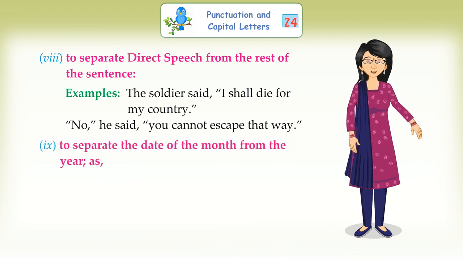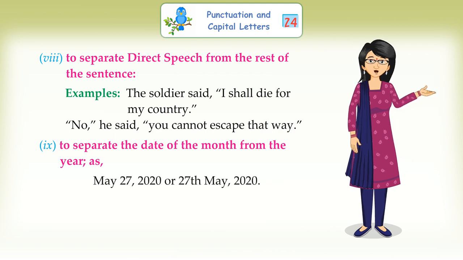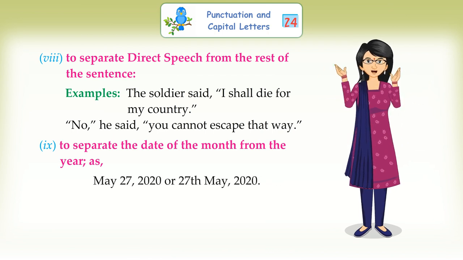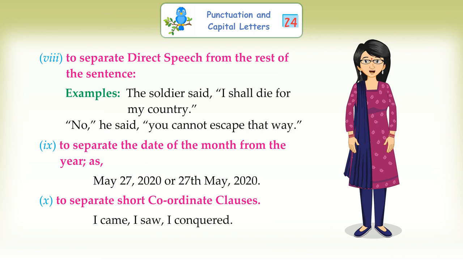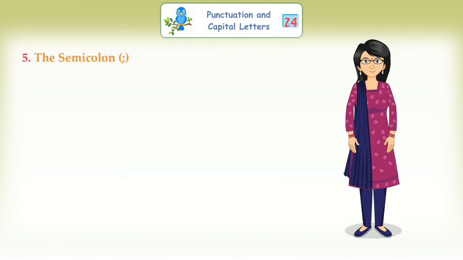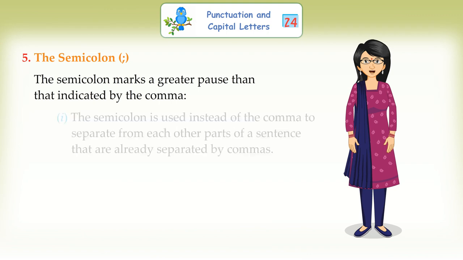To separate the date of the month from the year, as: May 27, 2020, or 27th May 2020. To separate short coordinate clauses: I came, I saw, I conquered. The semicolon. The semicolon marks a greater pause than that indicated by the comma.